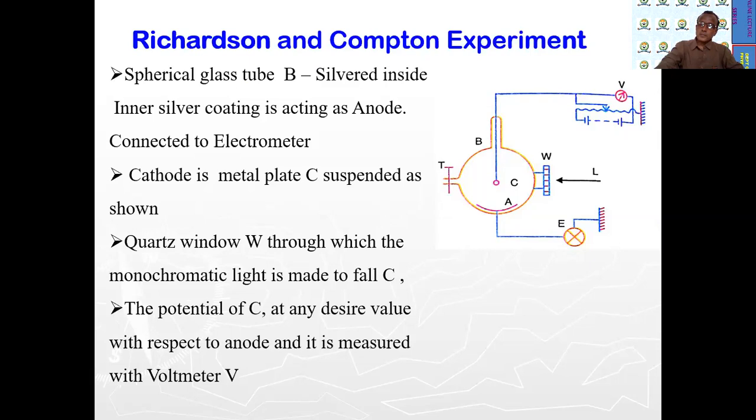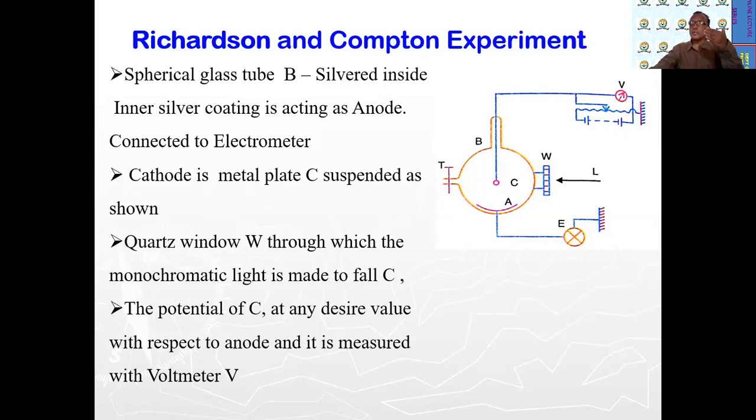Now, the potential on C may be varied with the help of the voltmeter which is connected here, and we can put the cathode at potentials such as +4, +3, +2, +1, 0, and then towards the negative side.